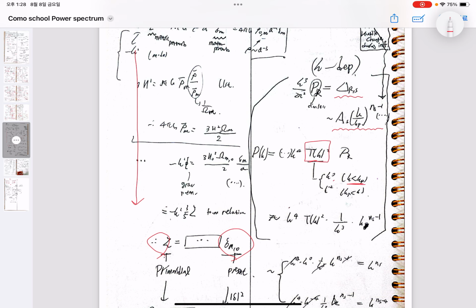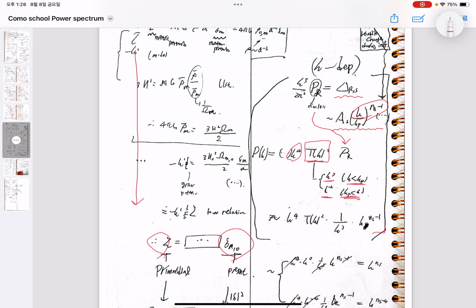Below the k_p, this is k to the 0. Above the k_p, the pivot k, the transfer function is k to the minus 2, and there's a k to the both factors, and that power spectrum has the k to the n_s minus 1 and the k cubic factors here.